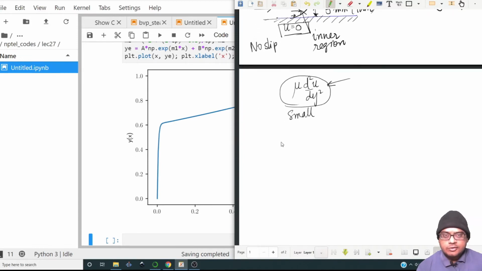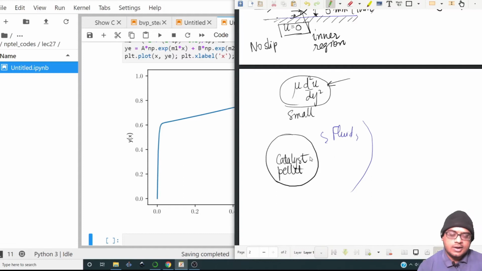For those of you who are from a chemical engineering background, consider a catalyst pellet. So this catalyst pellet, suppose there is a fluid over here, and the catalyst reacts with the fluid.